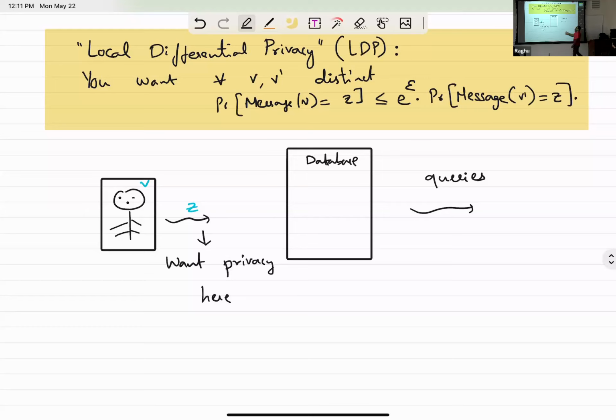So no matter what my true input is, the message that I send across is kind of private. For any two inputs that I might have, the outcome I send is within e to the epsilon of the other outcomes.